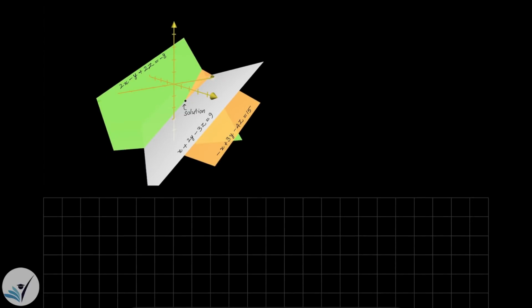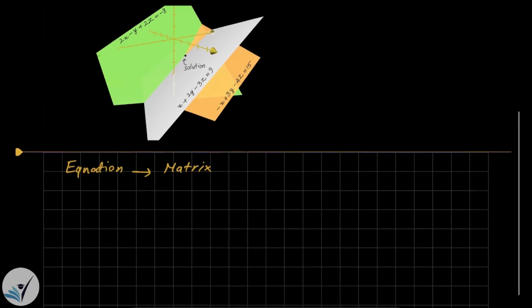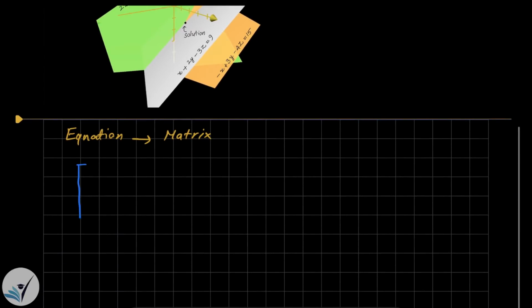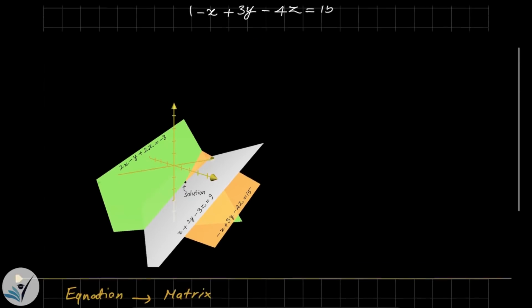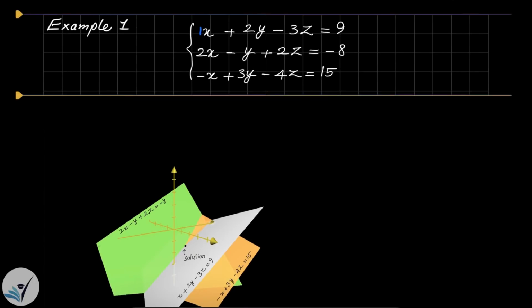So the first step is to transform the equation form to matrix form. It would be a 3 by 4 matrix. On the first row we have 1, 2, negative 3 and 9.